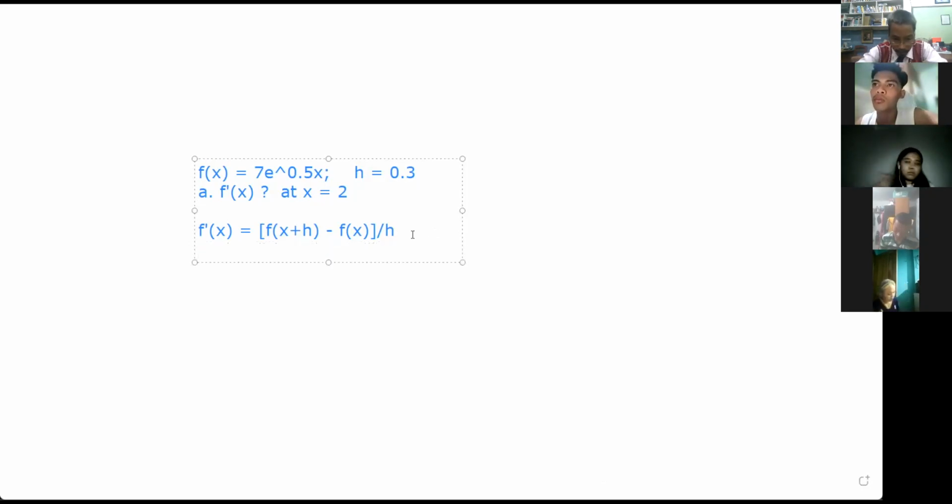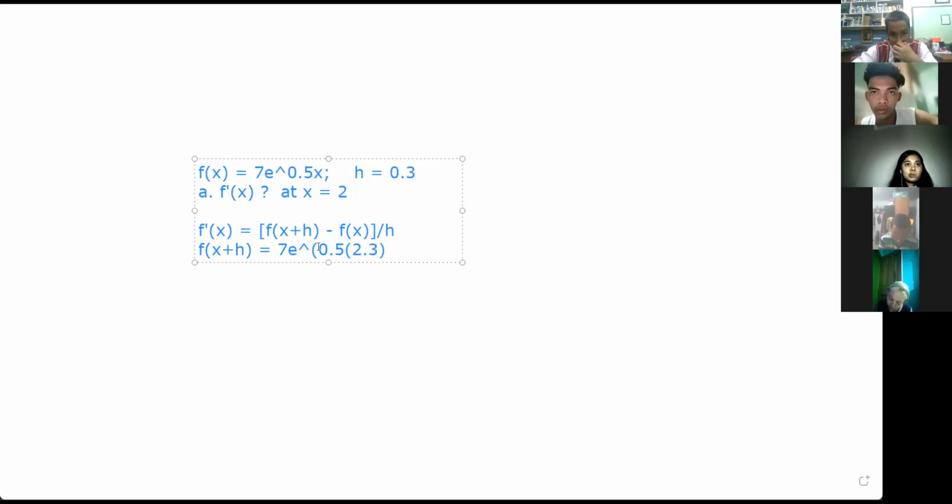We need f(x + h). How do we solve this? The function is 7 times e to the exponent 0.5 times (x + h). x is 2 and h is 0.3, so 0.5 times 2.3.